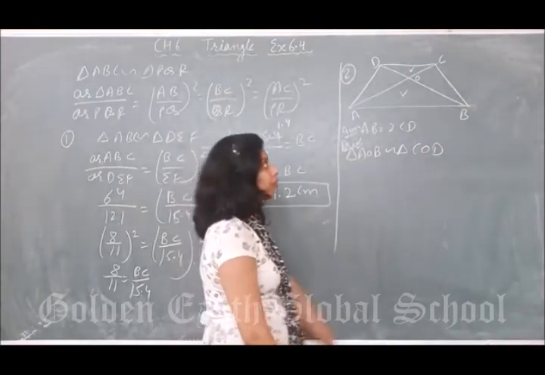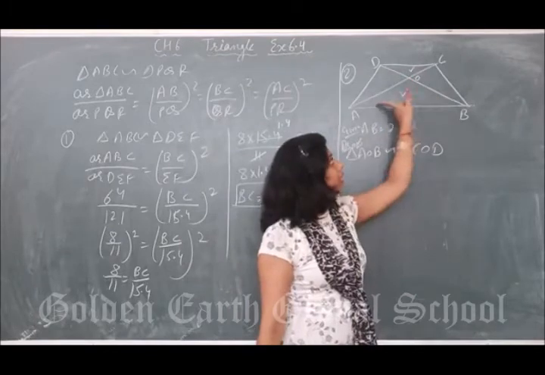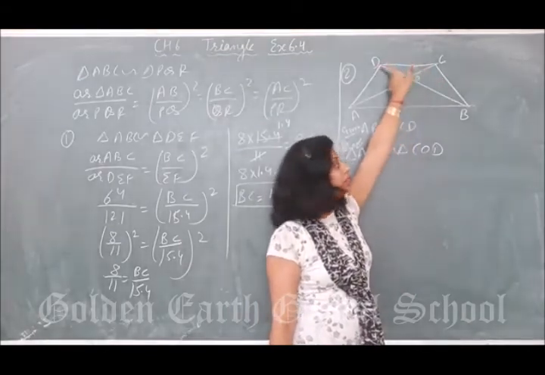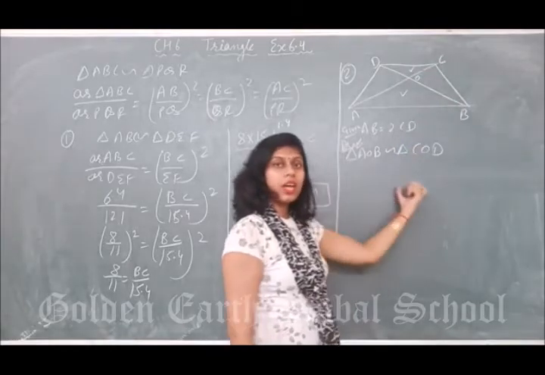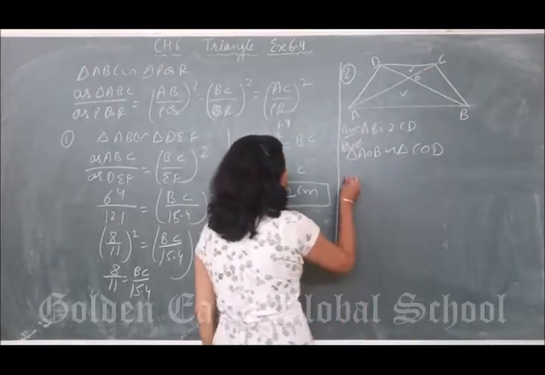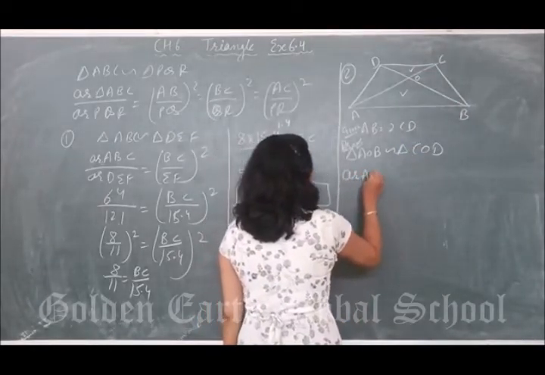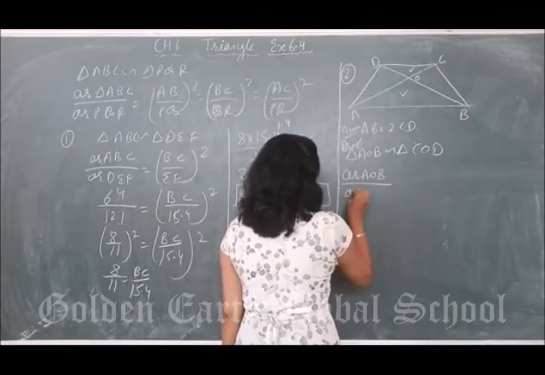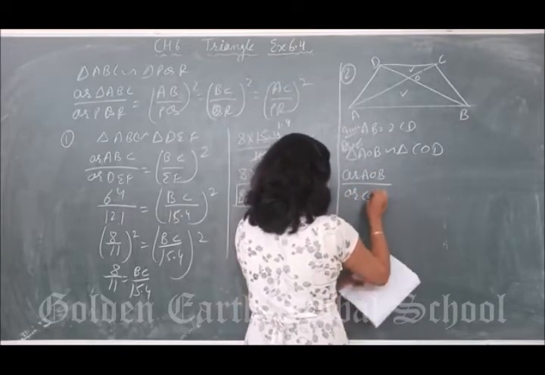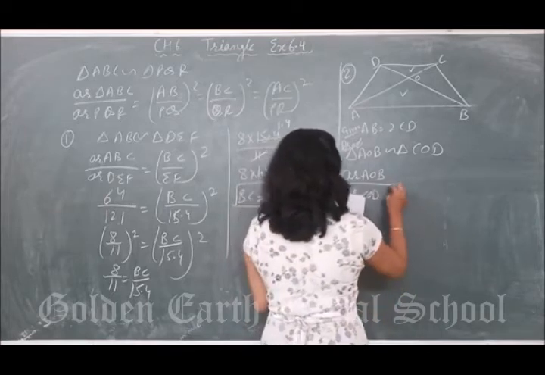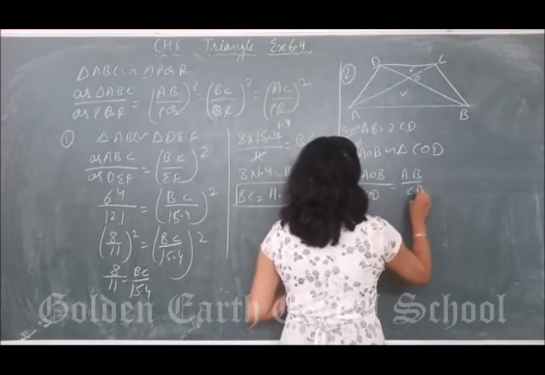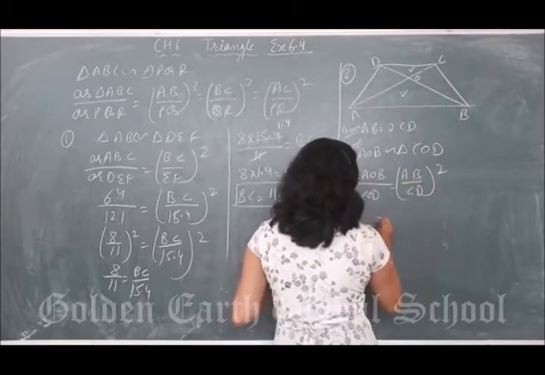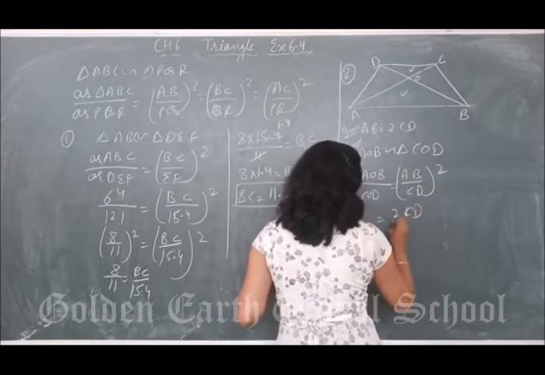First of all, you have to write angle A is equal to angle C, alternate angles, and angle B is equal to angle D, alternate angles. So by the AA rule, the triangles are similar. So we can consider the result: area of AOB upon area of COD is equal to, which sides will we consider? AB upon CD, squared. Replace AB by double of CD.